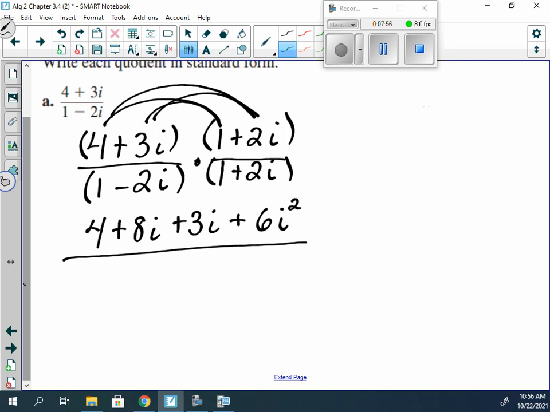We can do the same thing with the denominators. 1 times 1 would be 1. 1 times 2i is plus 2i. Negative 2i times 1 would be negative 2i. And negative 2i times 2i would be negative 4i squared.